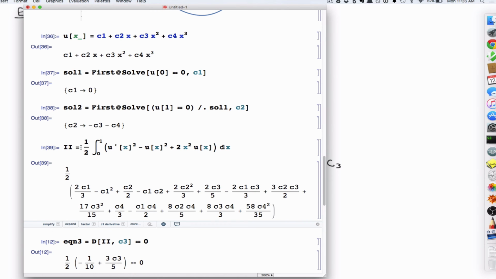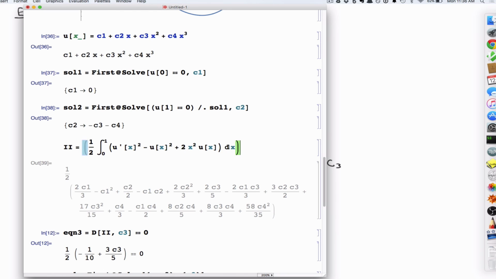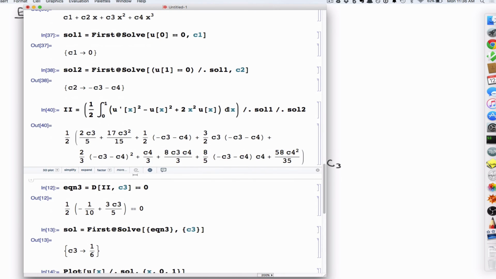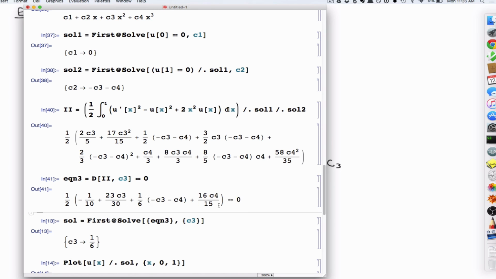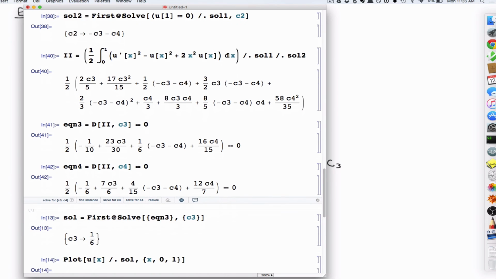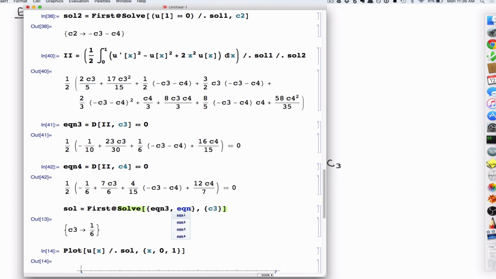All right, so then I have that, which has two unknown coefficients now, C3 and C4. So I have two equations, and then I can solve those two equations.